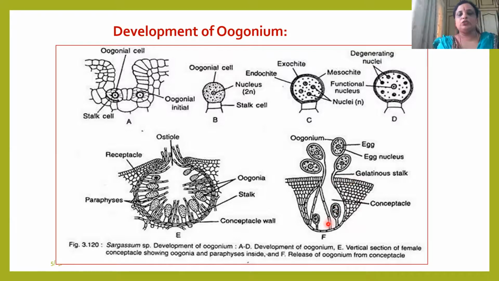Later, the exochite, the outermost layer of the oogonium, ruptures, and the mesochite produces a gelatinous stalk. This gelatinous stalk is projected outside, and the oogonium is projected outside the ostiole.